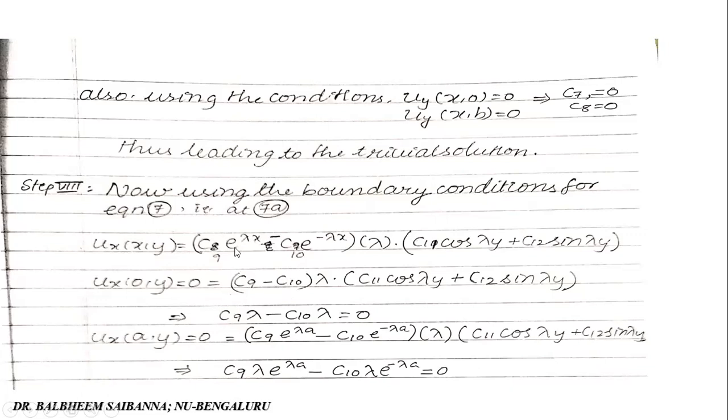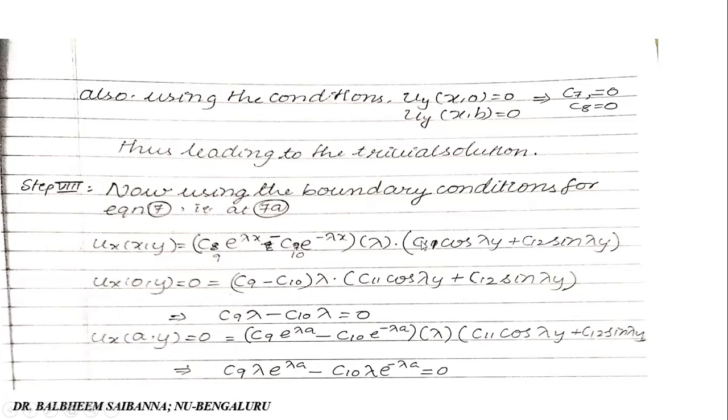Here this value is 1, this value is also 1, so c9 minus c10 times lambda, this term as it is, is not equal to 0, so this term must be equal to 0: c9 lambda minus c10 lambda is equal to 0. Then x is equal to a, ux of (a, y) is equal to 0.